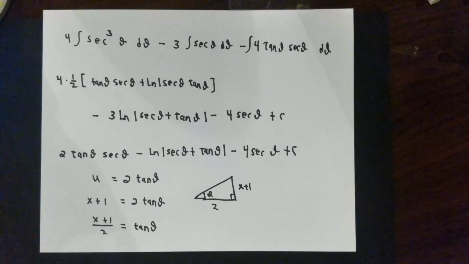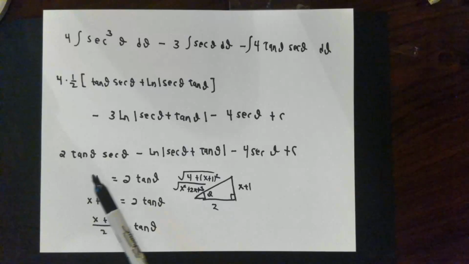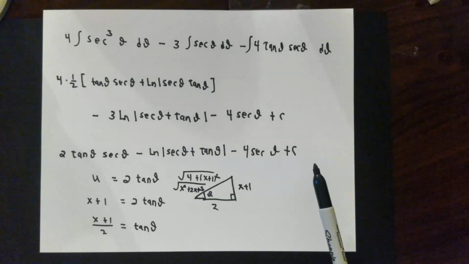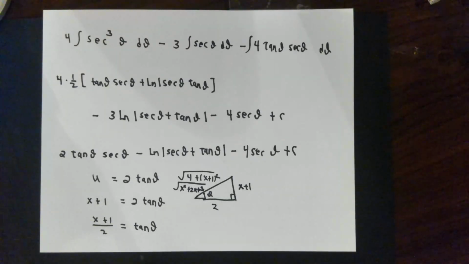The length of the hypotenuse is the square root of 2 squared plus the square of x plus 1. This is also the square root of x squared plus 2x plus 5. I can now calculate any other trig function I care to. In my answer, only tangents and secants appeared. I already know tangent theta in terms of x.